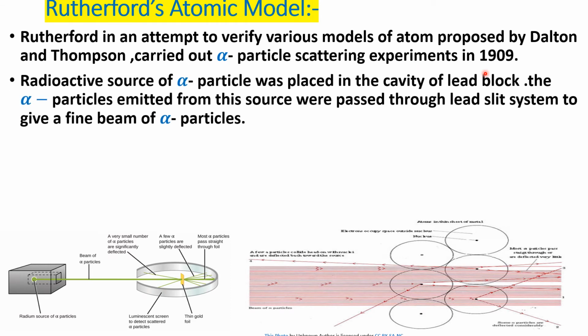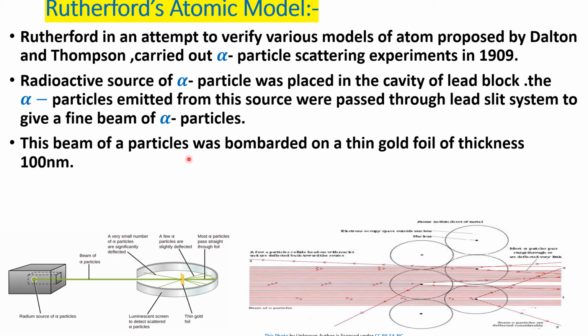In this experiment, a radioactive source of alpha particles was placed in the cavity of a lead block. The alpha particles emitted from this source were passed through a lead slit system to give a fine beam of alpha particles.